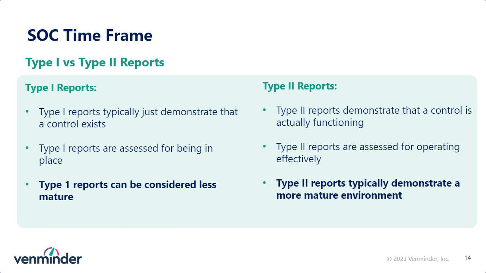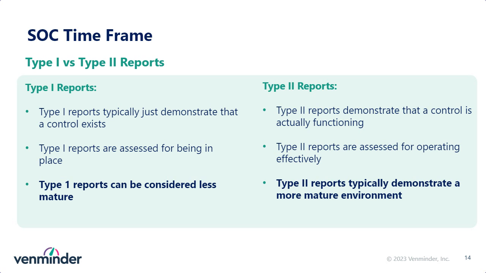Just to reiterate, type 1 versus a type 2 report. A type 1 report typically just demonstrates that a control exists. Type 1 reports are assessed for being in place, and they can often be considered less mature, or be over companies that are considered a little bit less mature. Maybe they don't have enough time to where a SOC type 2 makes sense.